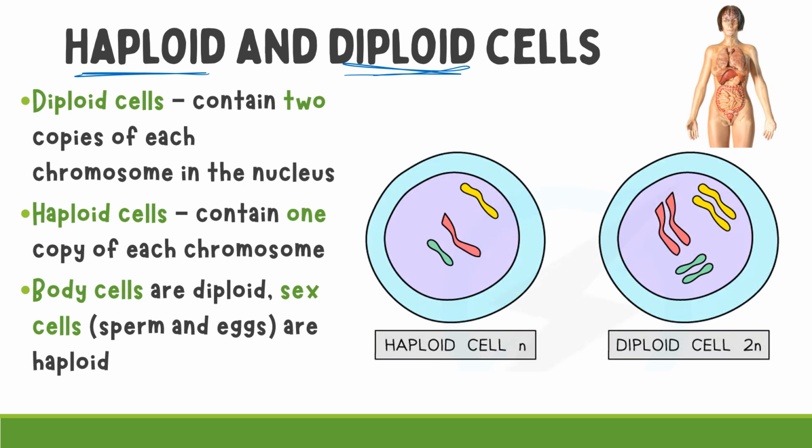So in this species here, there's only 6 chromosomes in the diploid cell, and they're in pairs. Diploid, if you think of the word di means 2, so 2 copies of each chromosome. We can also say 2 sets of each chromosome.